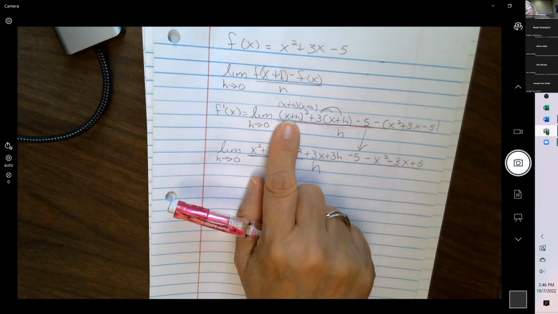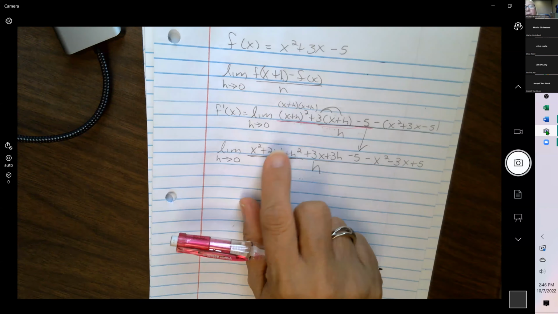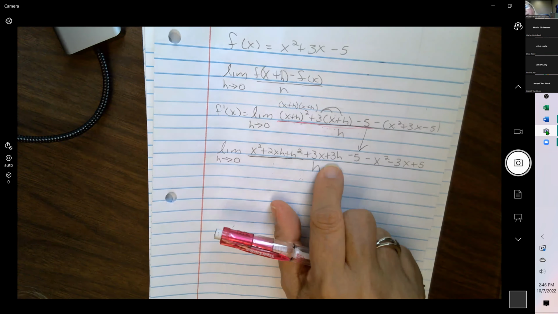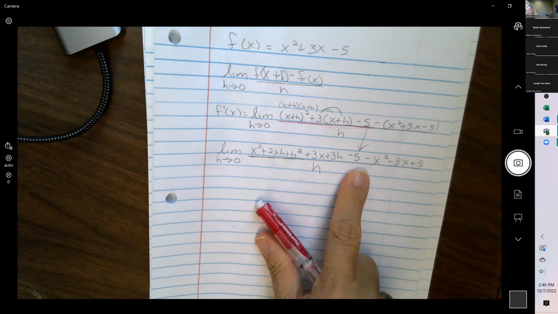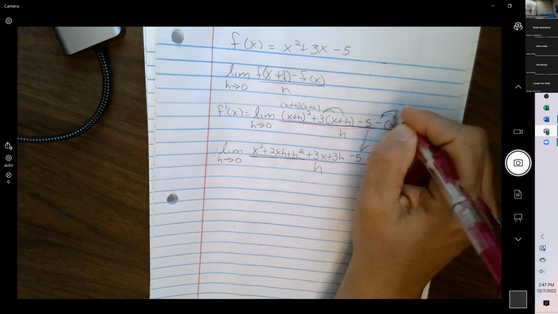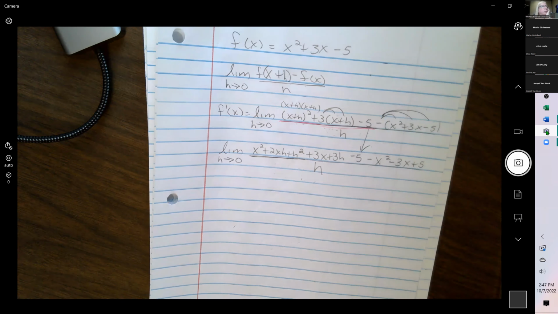So we FOIL this to get this. Distribute the 3 and bring the minus 5 down. And then we need to distribute the negative. Any questions on that part?